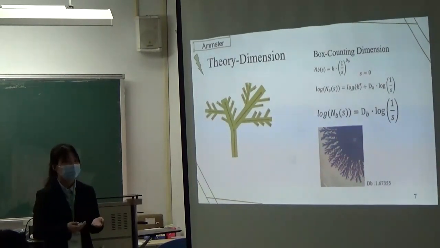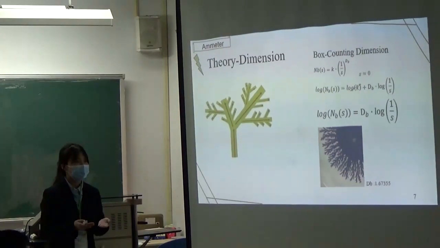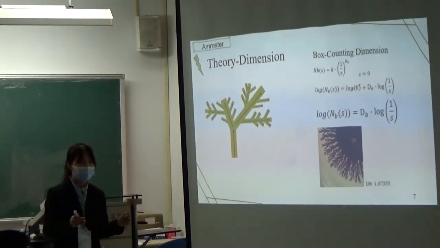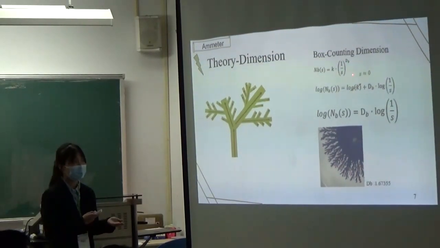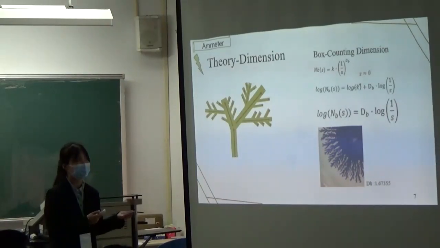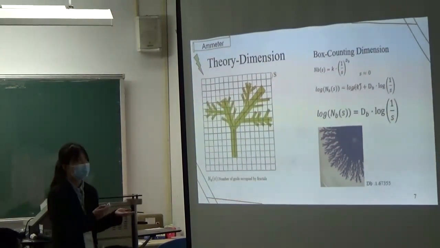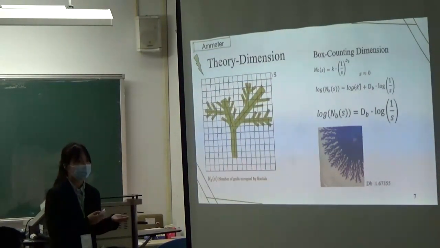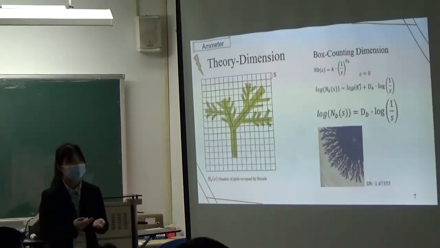And here is the theory about the dimension. The fractal is between one-dimensional and two-dimensional. One-dimensional is a line, two-dimensional is a plane. And we use the box counting dimension to calculate the dimension of the fractal fingers. First, we cut the fractal fingers picture into many tiny squares. N_B is the number of squares the fractal fingers occupy, and S is the tiniest square's side length.